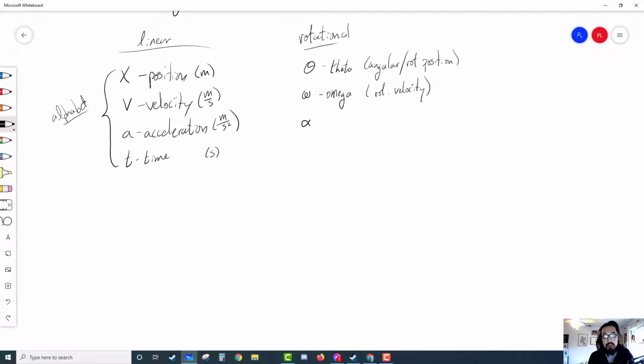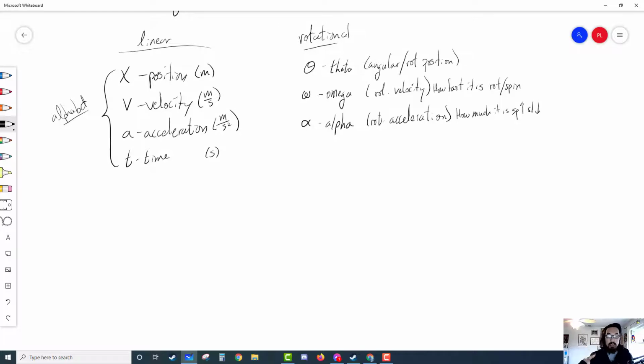Fishy. So this is alpha, and this represents our rotational acceleration. So if the velocity tells you how fast something is spinning, rotational acceleration is how much it is speeding up or slowing down.